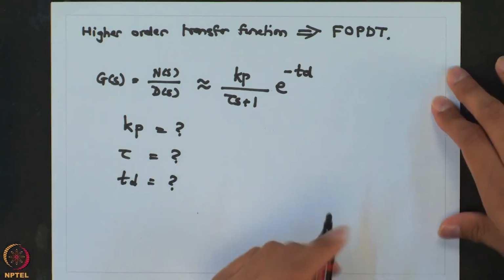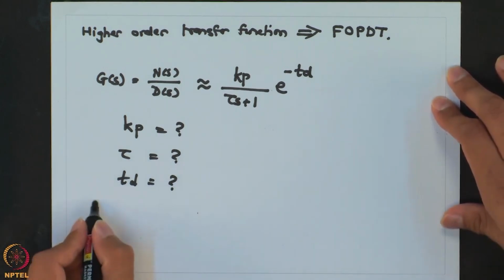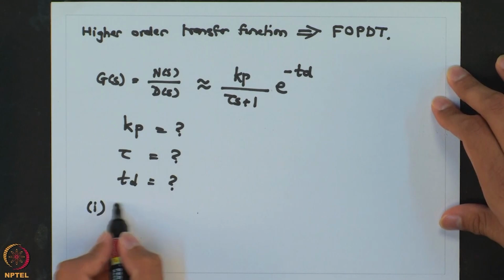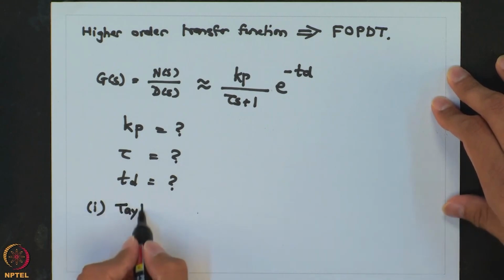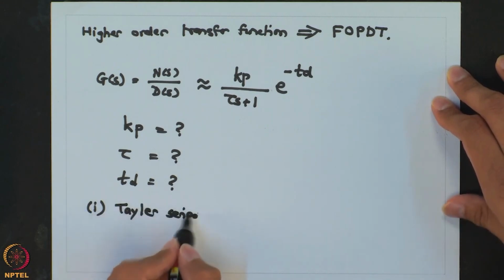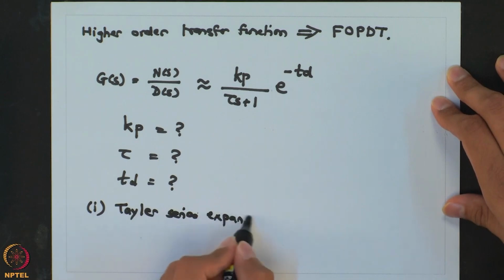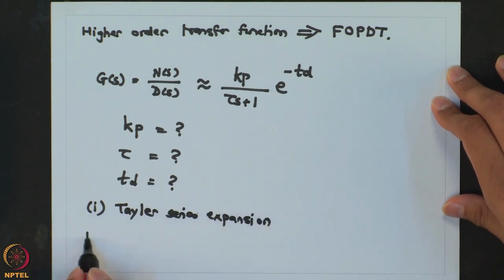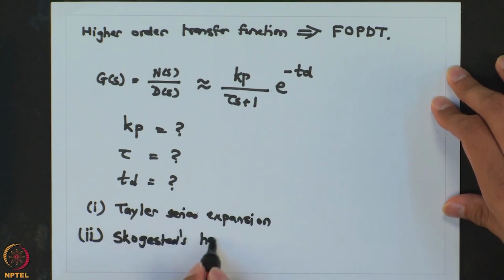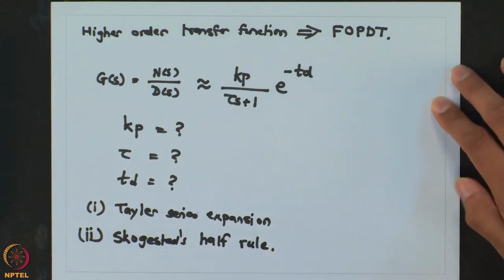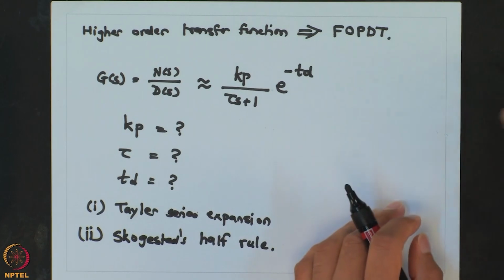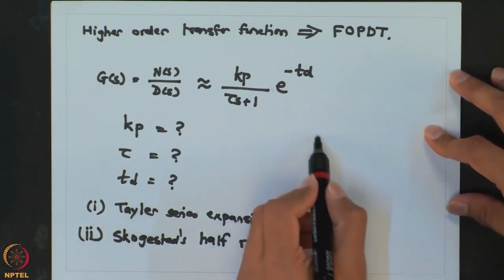So there are two methods of doing this. The first method is based on Taylor series expansion, and the other method is Skogestad's half rule. In both the cases, the notion of Kp is the same.